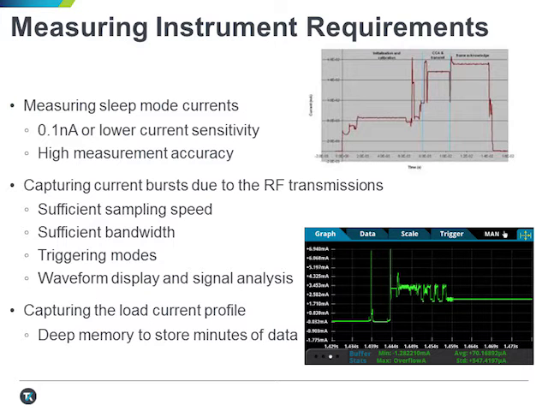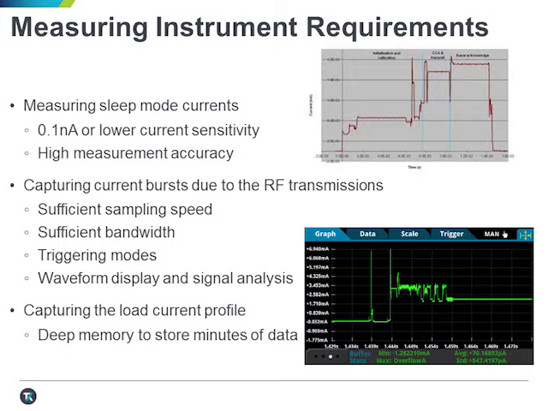To capture all the aspects of your load current, which to repeat can be complex wave shapes, as shown in the two plots on the right, you need the following measuring capabilities. 0.1 nanoamp sensitivity if you have a deep sleep mode with just your controller and a few components that need to be operational. Your instrumentation needs sufficient accuracy to trust what you are measuring.